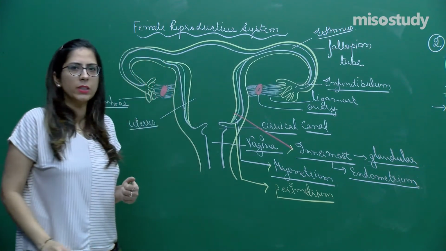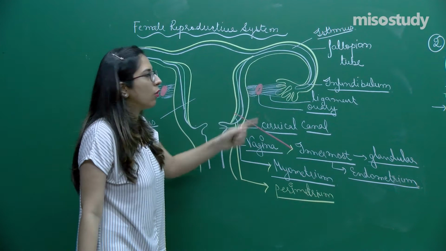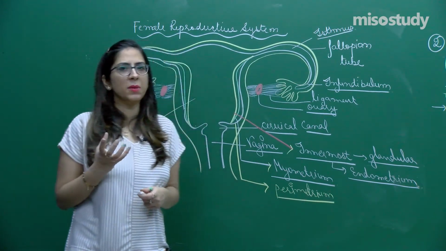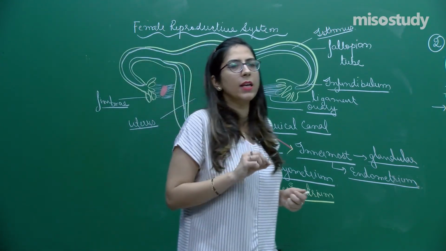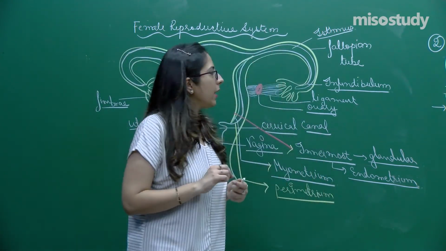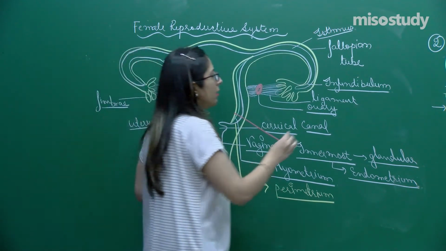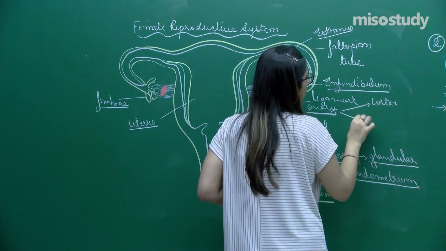So what we have learnt? First of all, I have discussed about this ovary. The ovary is an almond shaped structure, and in that almond shaped structure, the outermost lining includes a stroma. In the stroma, two regions are present: one is called as a cortex and the other medulla.